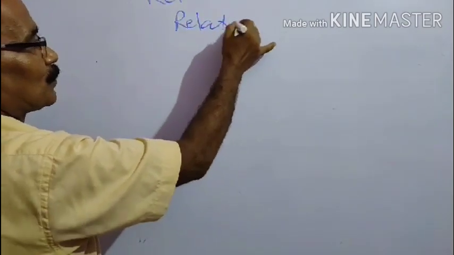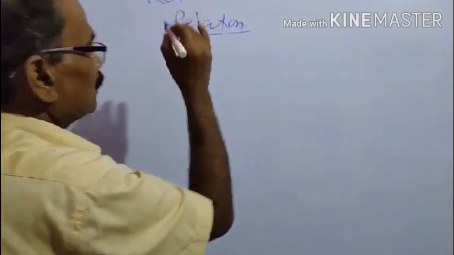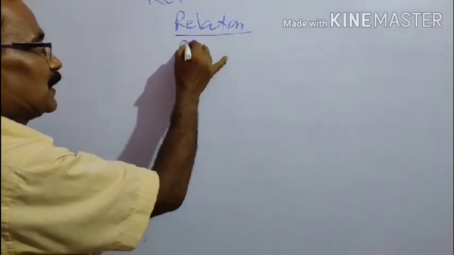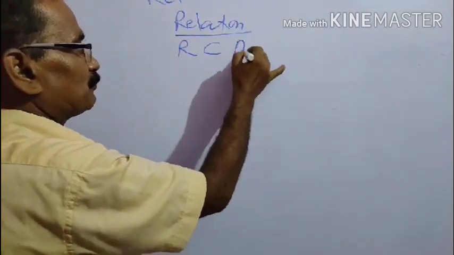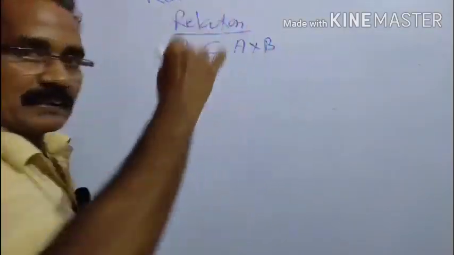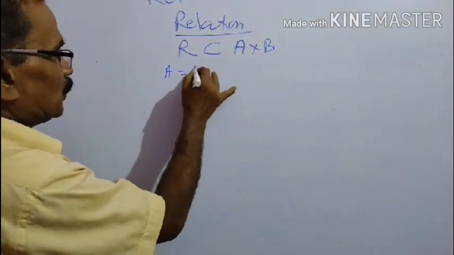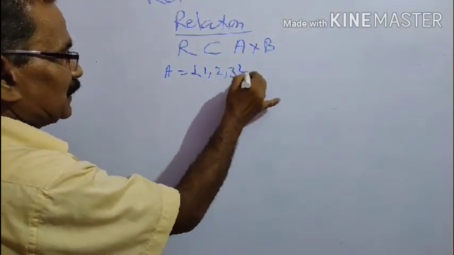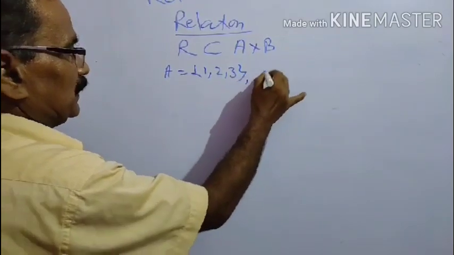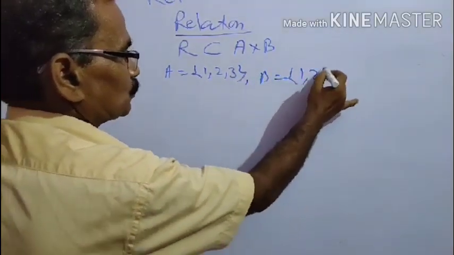Next term, relation. A relation is a subset of A Cartesian B. Suppose A = {1, 2, 3} and B = {1, 2}.